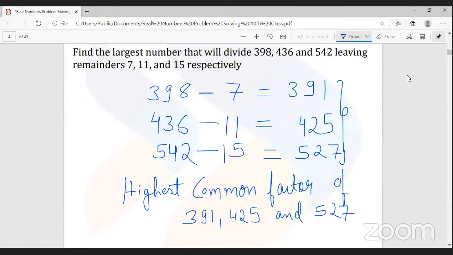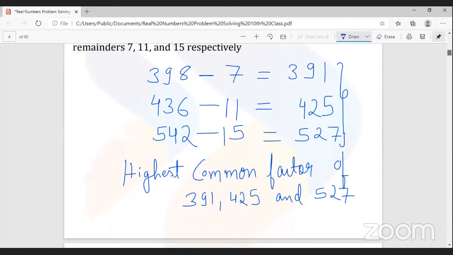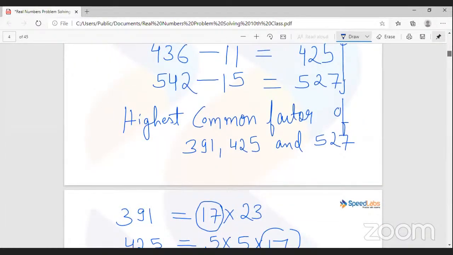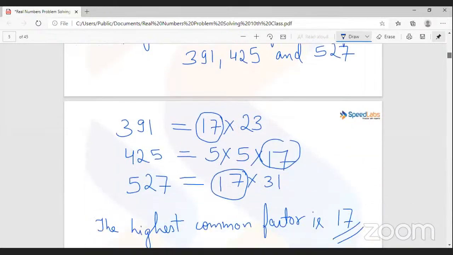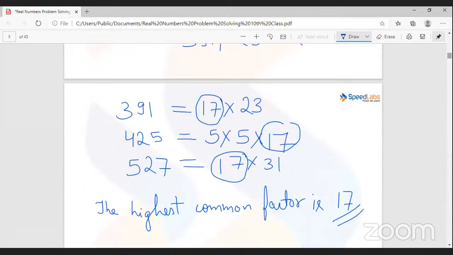Everybody understood this question and solution? Yes, ma'am. So should we move on to the next question now?